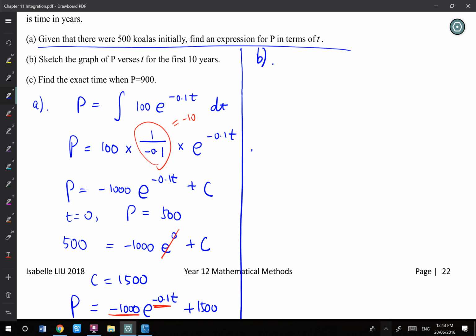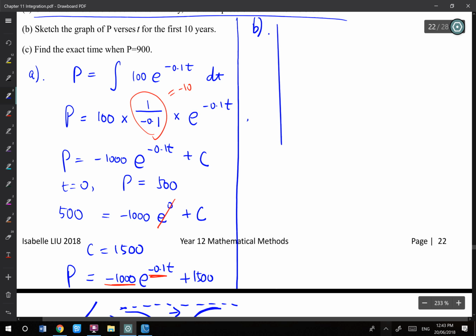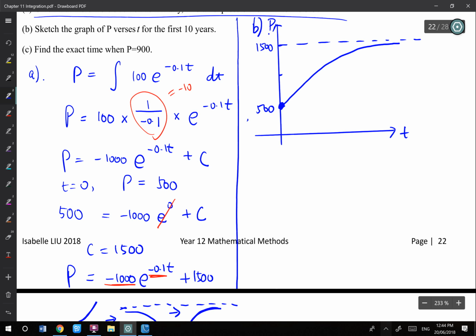I can't have negative time. I know the horizontal asymptote is at 1500, and the initial value is 500, and the graph increases like this. That's what the actual graph should look like.